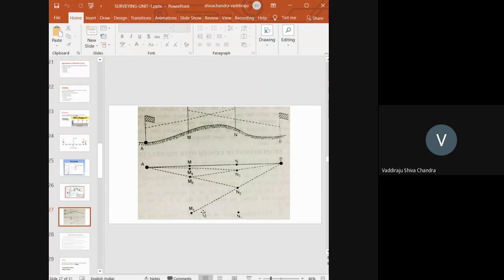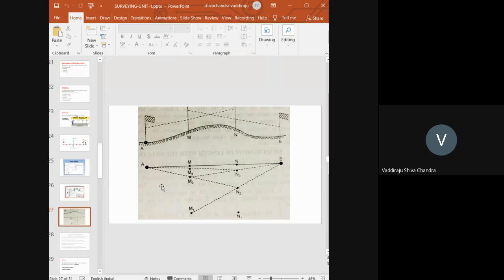Once you stand at M1, the person who is standing at M1 and at B will give instructions to the person standing at N1 to come in line with BM1. He will give instructions, and this person from N1 will move to position N2, where B, N2 and M1 are in the same straight line.